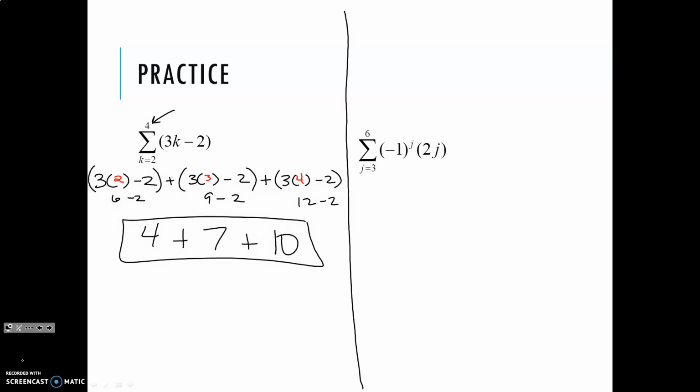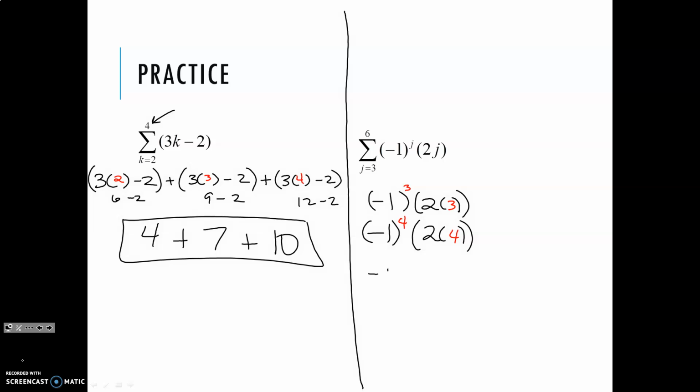it on this next one, you're going to start with 3, so it's -1 to the 3rd power times 2 times your 3. Okay, so I'm just plugging them in. Some of the kids will write them vertically like this, and then they'll go -1 to the 4th power, and then 2 times 4.